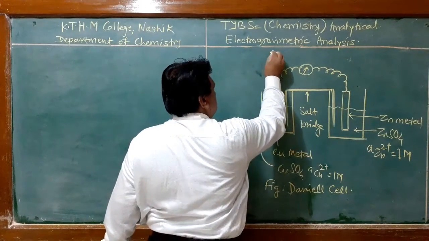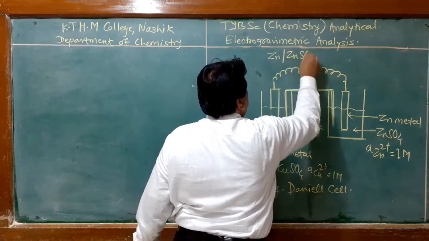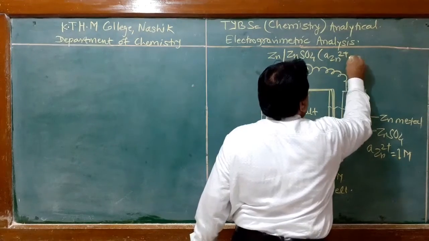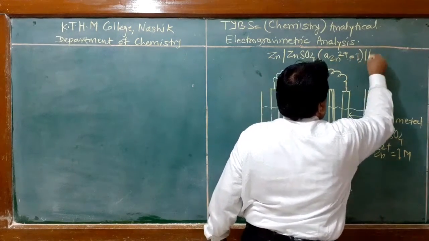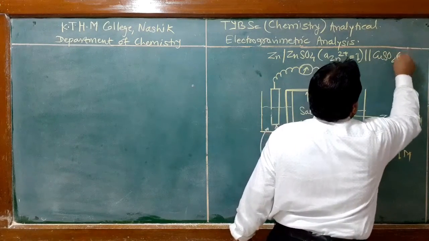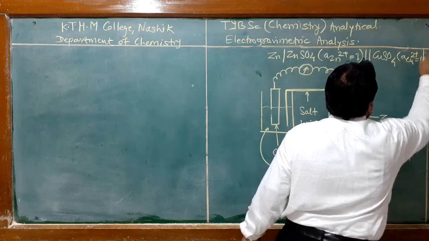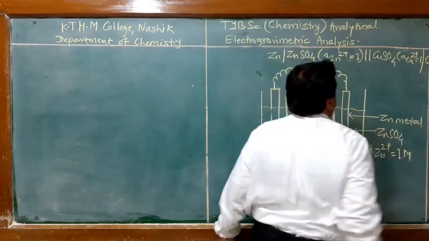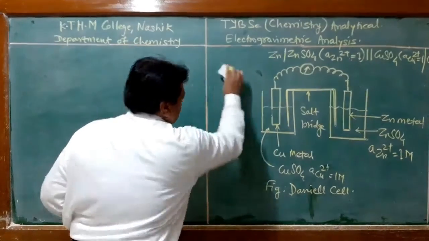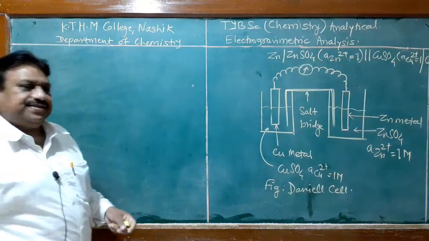Students, now we discuss how it works. This cell is represented like this: zinc in zinc sulfate, activity of zinc ion equal to 1, porous partition, copper sulfate, activity of Cu2+ equal to 1, and copper. Therefore, here we discuss the working of this Daniell cell.